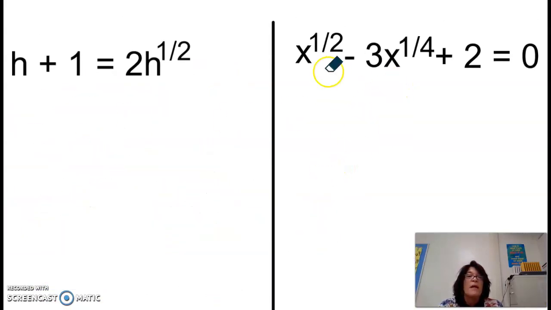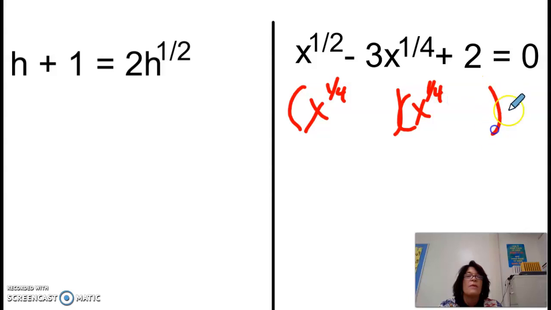This one, definitely we can recognize as quadratic like, okay? 1/4 squared is 1/4 times 2, or 2/4, which is h to the 1/2. So I have x to the 1/4, x to the 1/4. I'm thinking what multiplies to 2 and adds to 3. That would be 2 times 1.